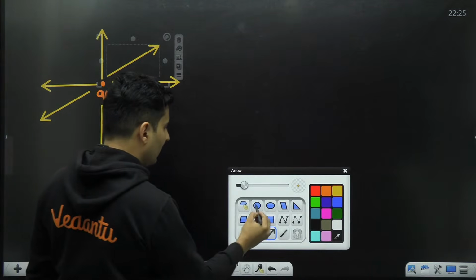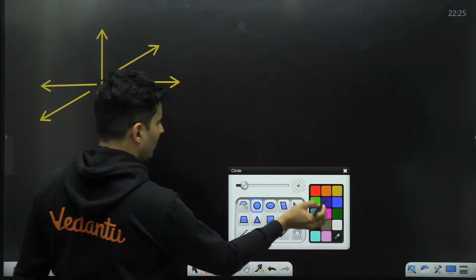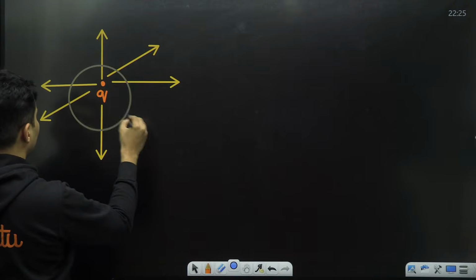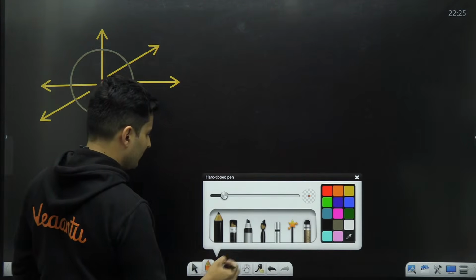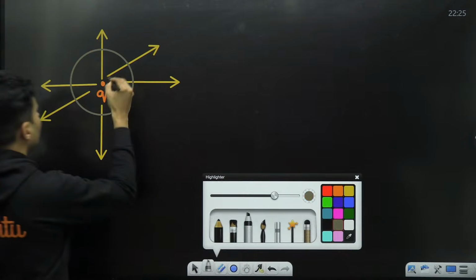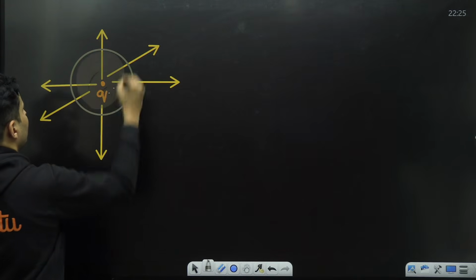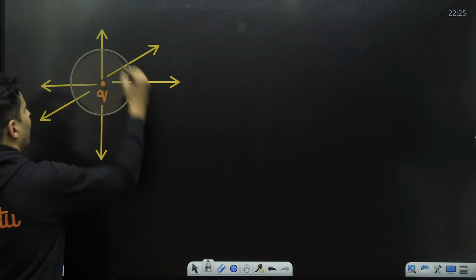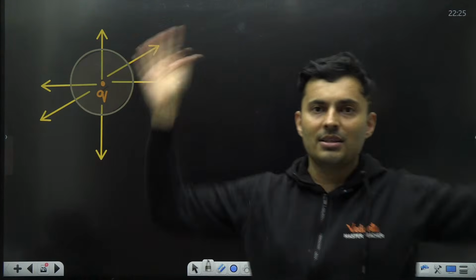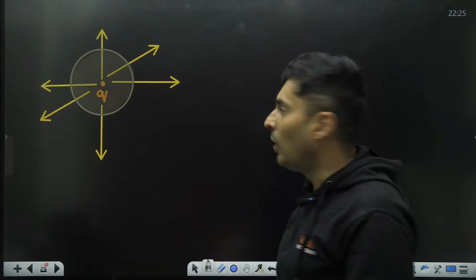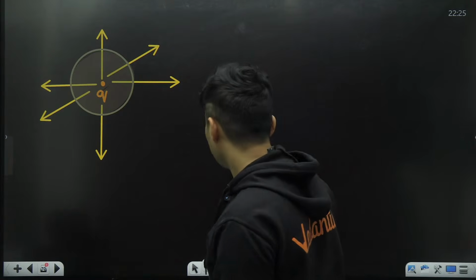In fact, it will go in an imaginary sphere-like structure. Just visualize this for a moment. It is going everywhere in a spherical direction. Just imagine a sphere. From that sphere, it is coming out from all the sides possible.